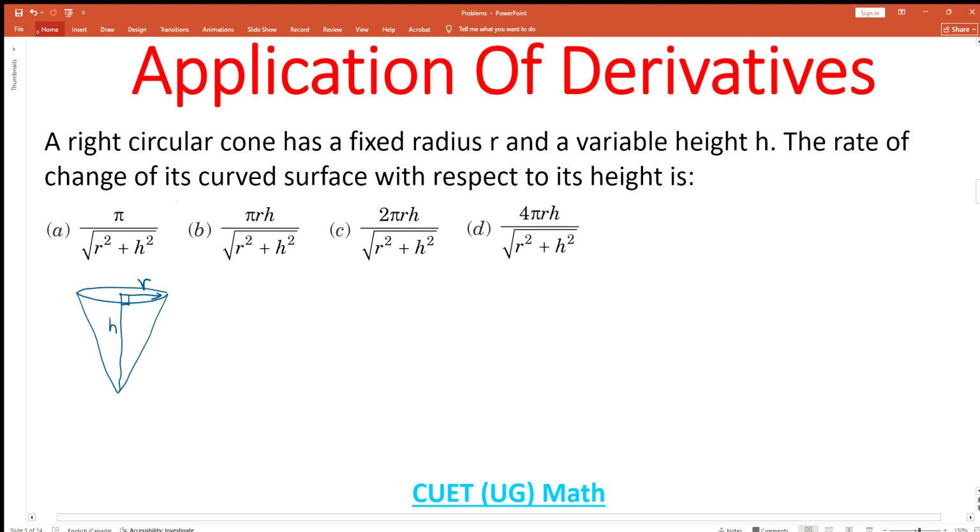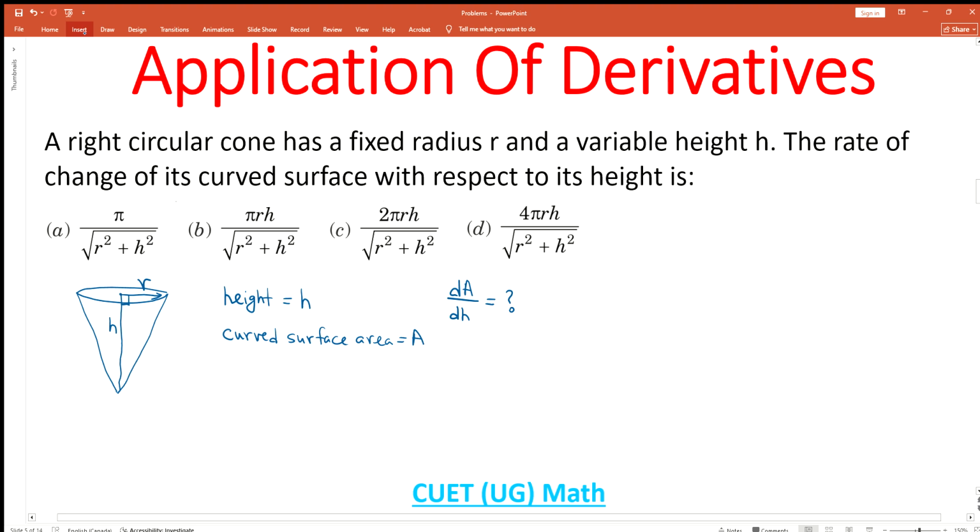We have to find the rate of change of its curved surface with respect to its height. Let's assume the height of the cone is h when the curved surface area is A. That means we have to find dA over dh for this cone.